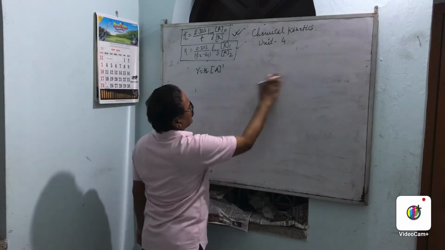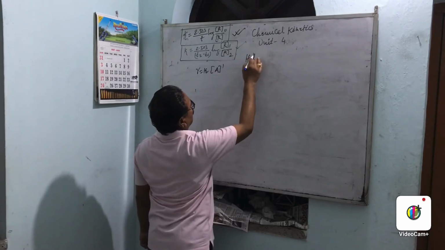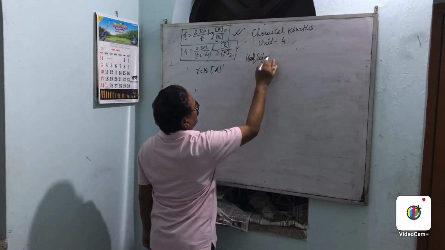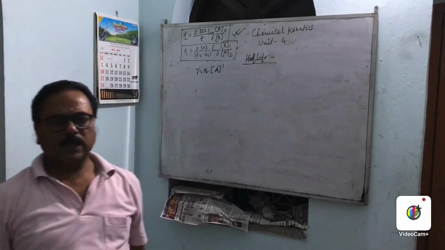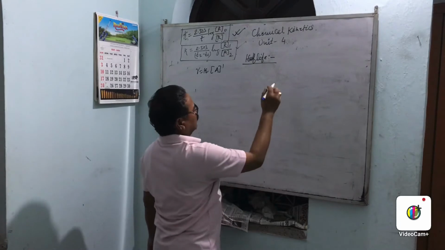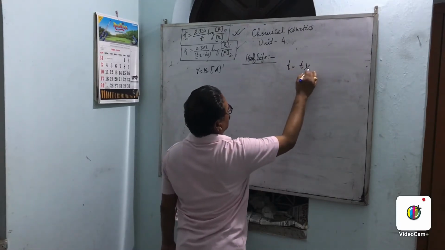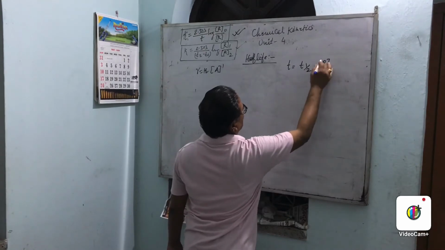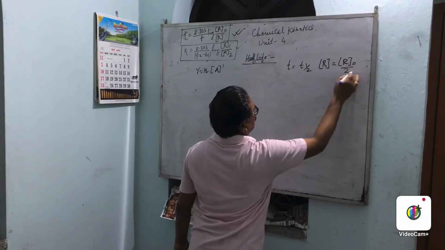Now what is another graph we have to plot? Half-life. What is half-life? Already defined. Half-life is the time required in which the concentration of the reactant reduces to half its initial amount. If T is equal to T half, then R is equal to R naught by 2.